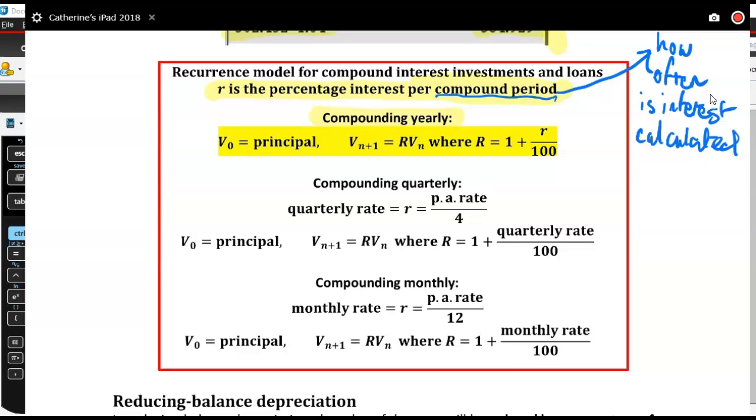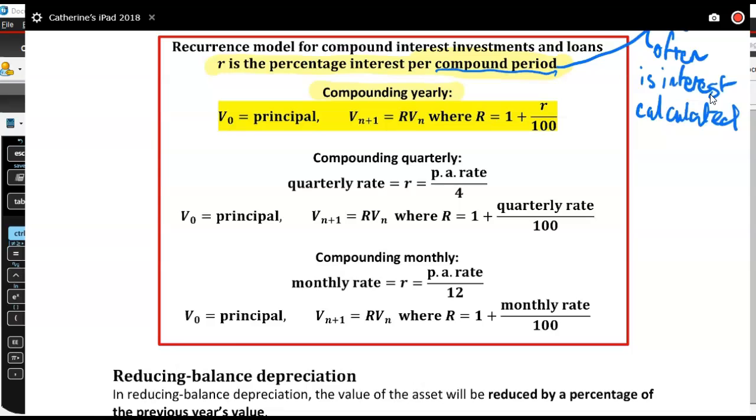So you can imagine how quickly how much you owe can increase with one of those loans if their compounding period is daily. Now, some things compound yearly, not many though. In real life, as I said, mortgages, car loans, personal loans, they might get compounded quarterly or monthly.